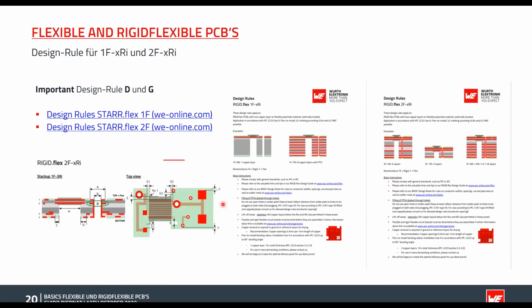I would like to draw your attention to two design rules, the points G, D and G. The design rules are very important for the rigid-flex transition. For more information, please use our website, where you can see the two design rules for the technologies 1F XRI and 2F XRI.